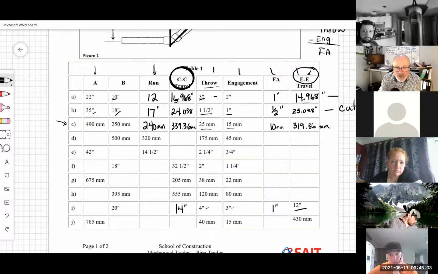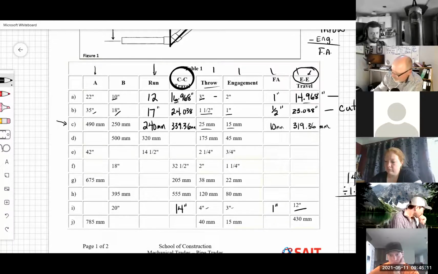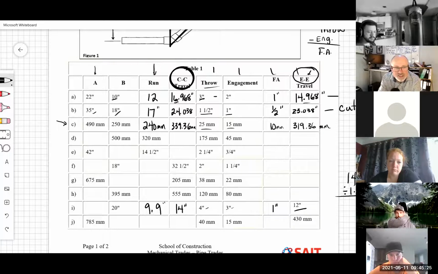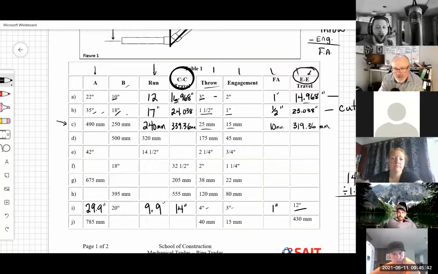And now to get my run, I will take 14 and divide it by 1.414. And that's going to equal 9.9 inches is my run. And as you can see up here, you take your run and add it to your B to get A. So this is going to be 29.9 inches. And that's just how to do it backwards.